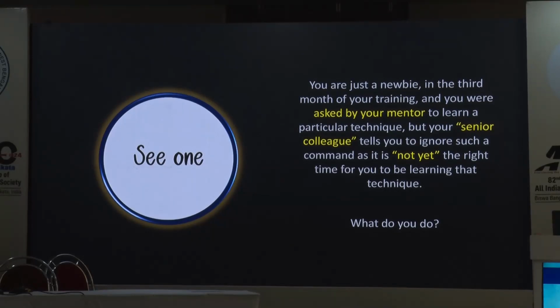If I want my youngest mentee to do or observe something, my senior mentee should support that approach. Agreed. And I think one should keep in mind that when you are in a fellowship, it's your responsibility to make sure that the system goes on the same way as your mentor has designed.